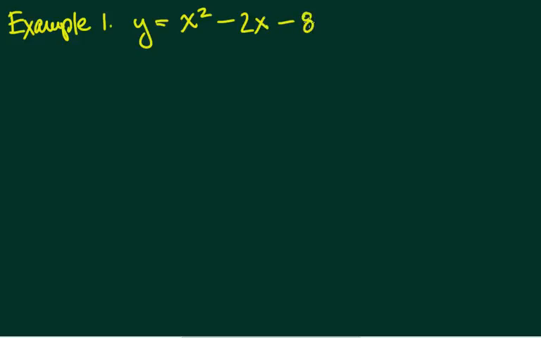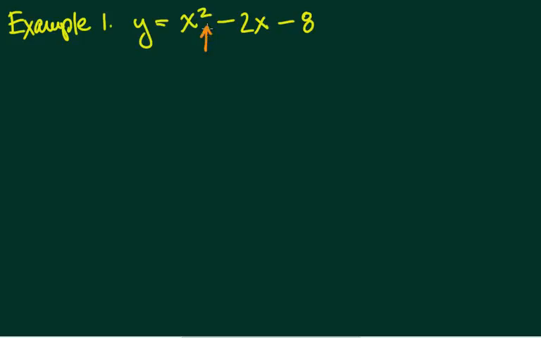So here's our first example in which we're going to look at both the end behavior and what I call the interesting part. This example is y is equal to x squared minus 2x minus 8. Okay, so first thing we see is it's a quadratic.